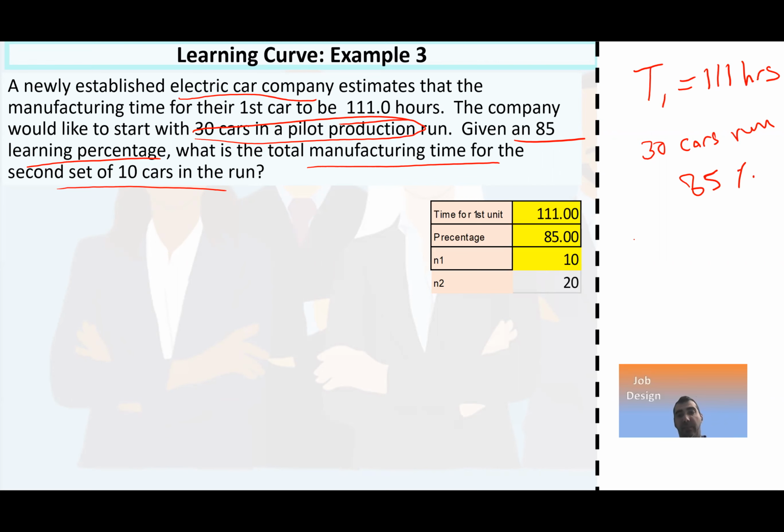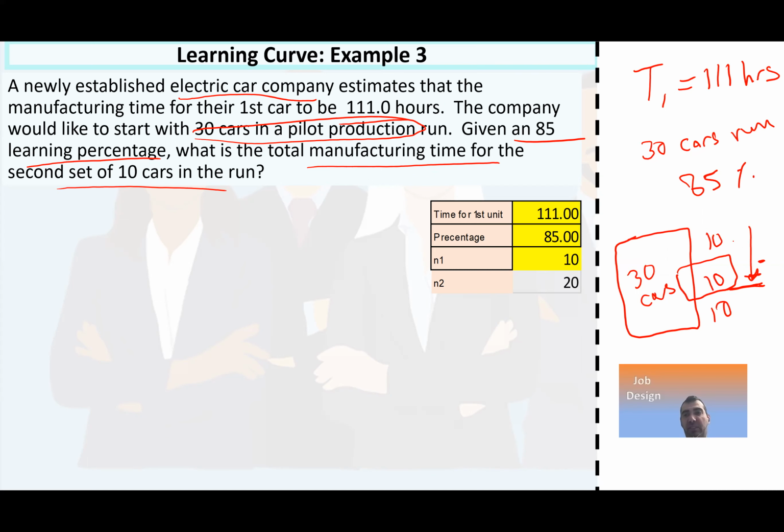So if we divide, there are 30 cars in the run. The first set is going to be 10 cars, and then 10 cars, then 10 cars. And they're asking us for these 10 cars in the middle. This is the same thing as calculating the 20 cars and subtracting from it the first 10 cars.